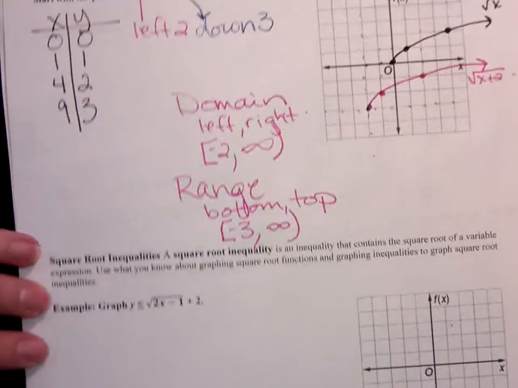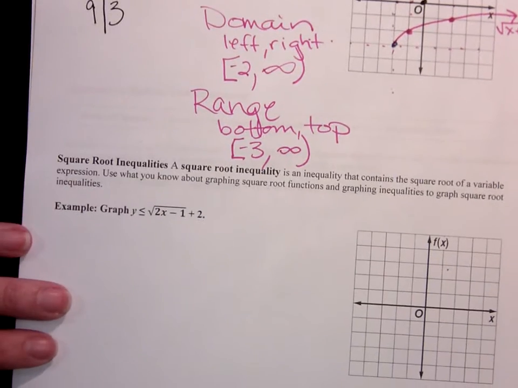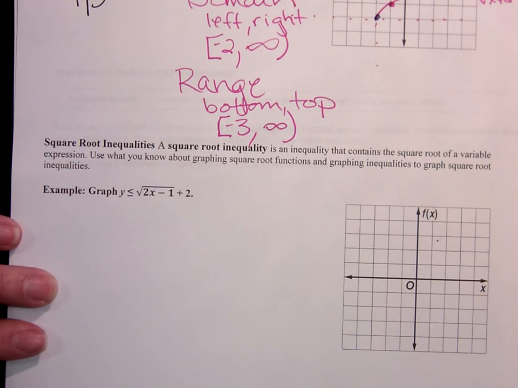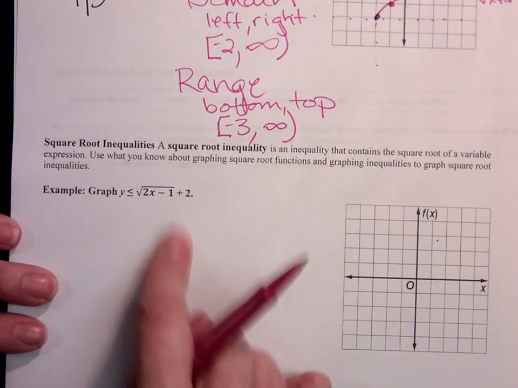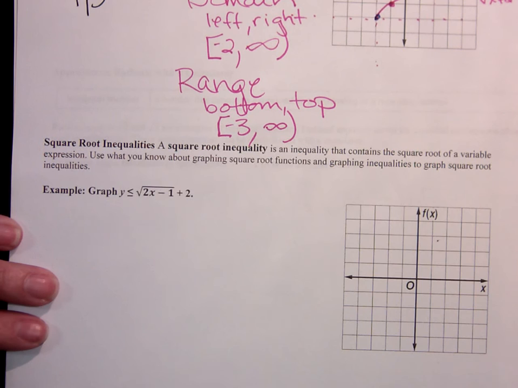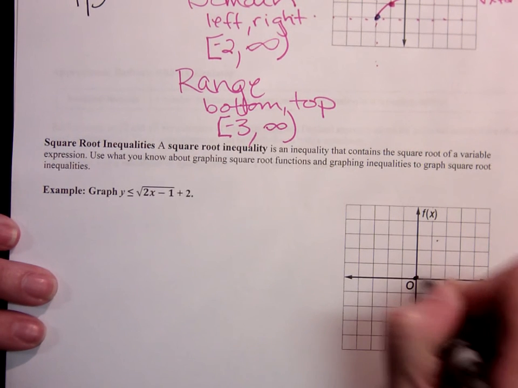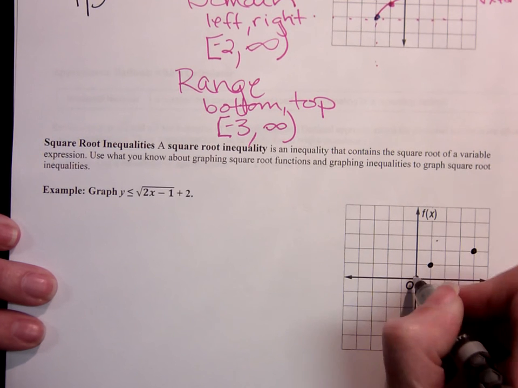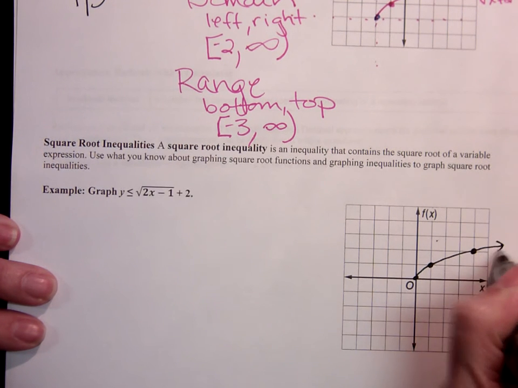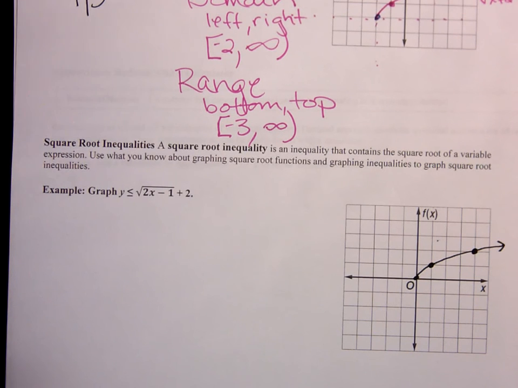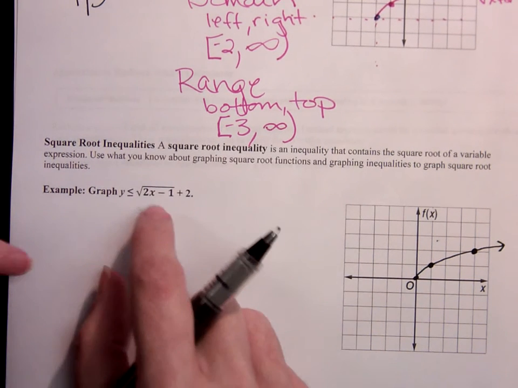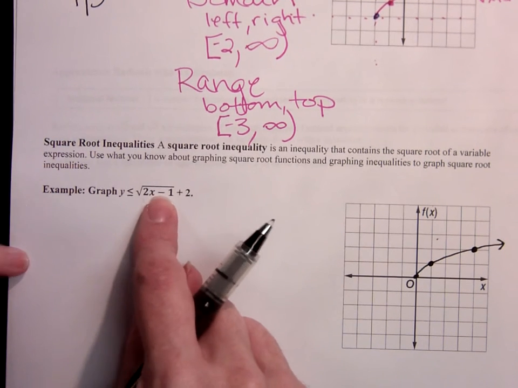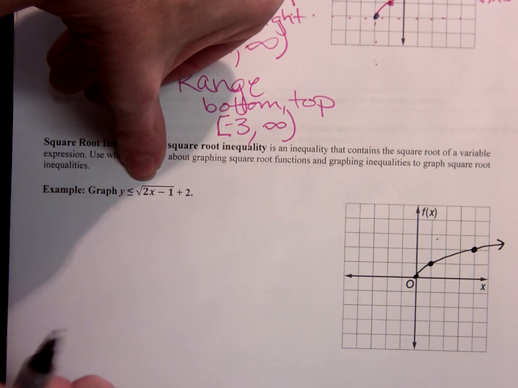Okay, we're going to do the same exact thing with inequalities. Same exact process. So when I am working on graphing this, I'm going to come back in and put my original function, (0, 0), (1, 1), (4, 2), (9, 3), so that I have a way to anchor it. And then when I'm looking at this, I know it's moved to the right somehow, but we haven't done a lot of work with this 2x right here.